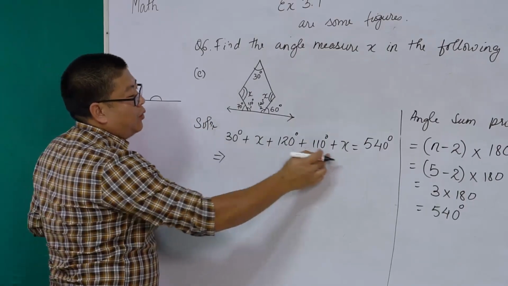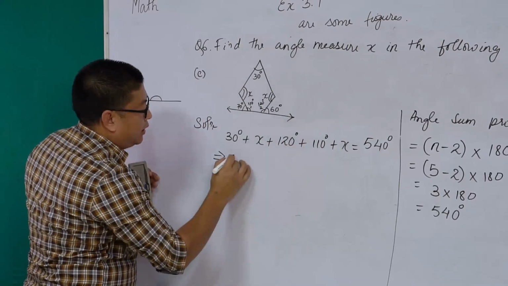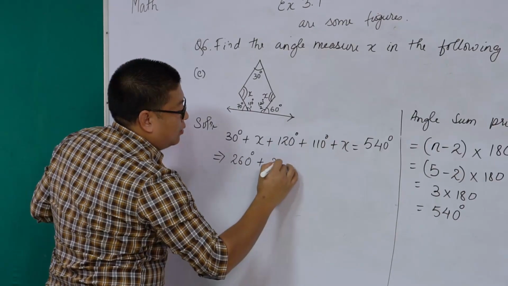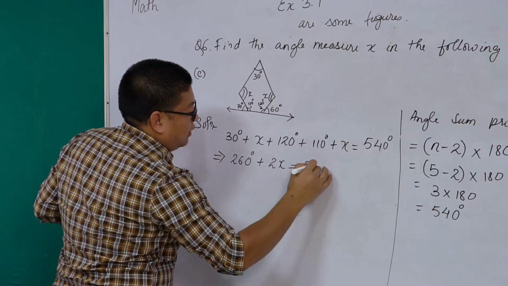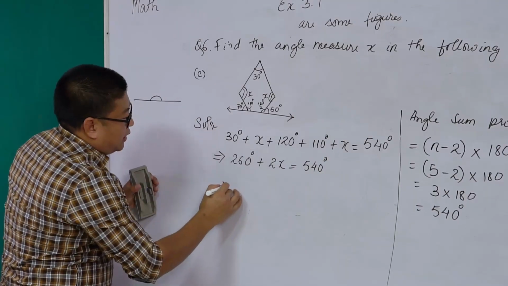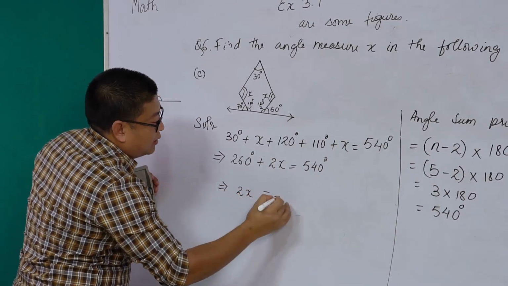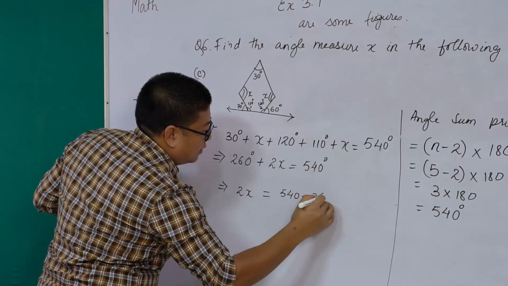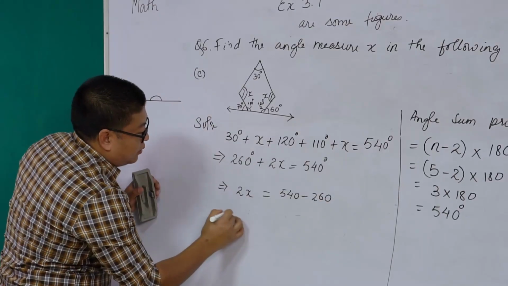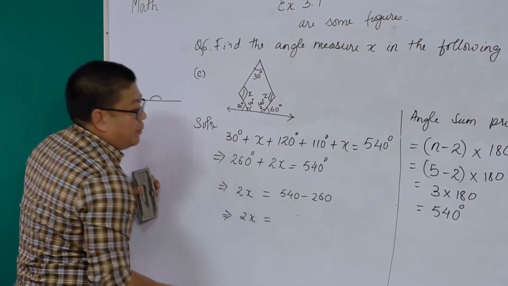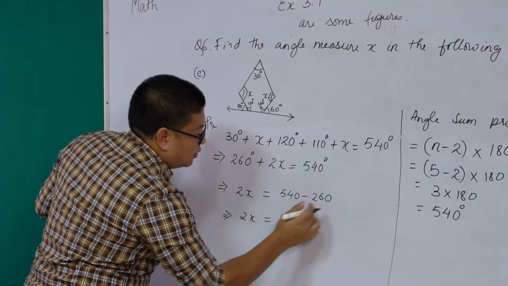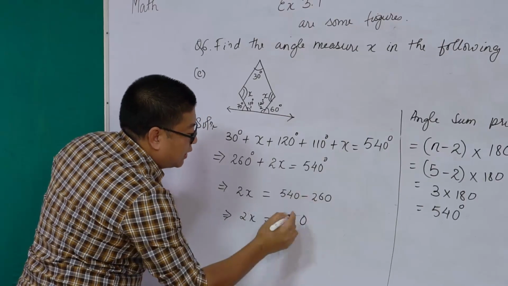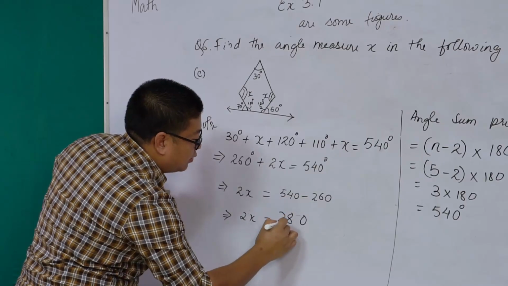Now, you add up all this, you get 260 degrees plus 2x equals 540. Now, this 2x will stay as it is, 260 will be shifted. When we subtract this, we get 280.